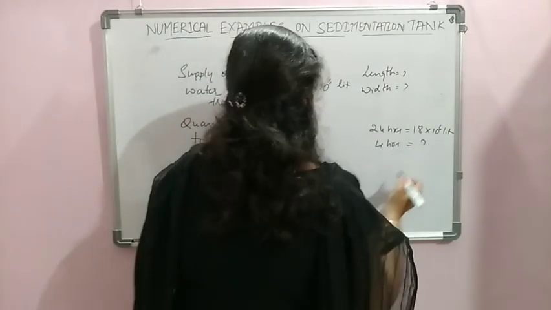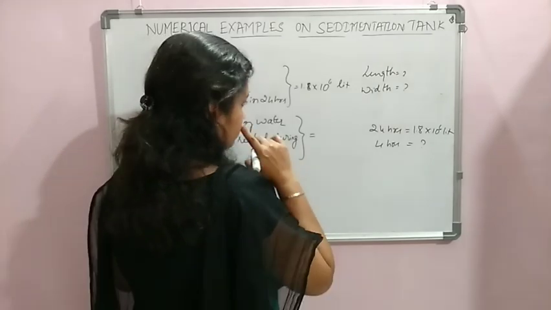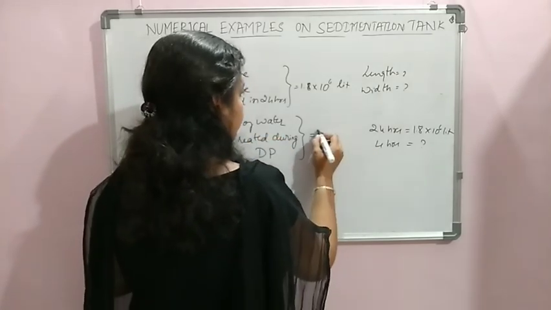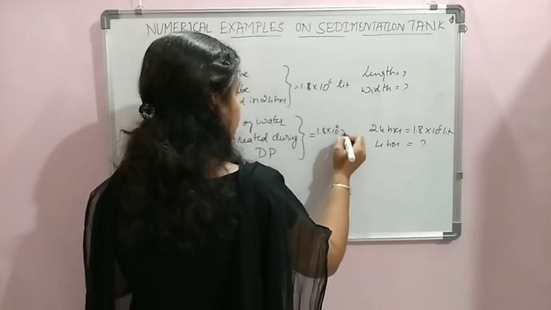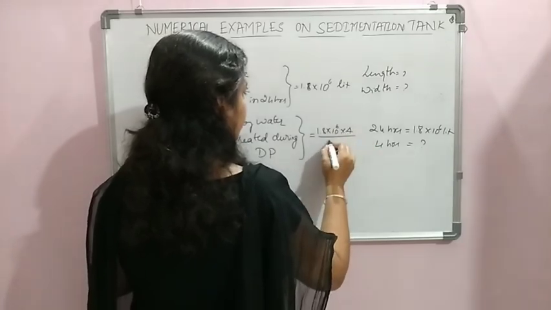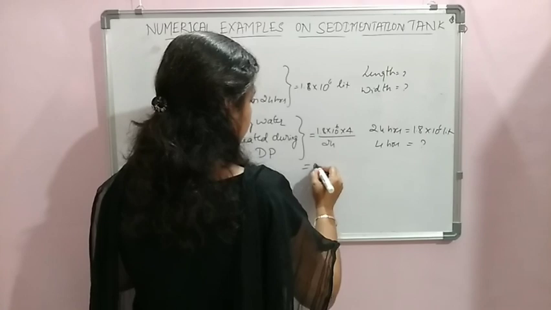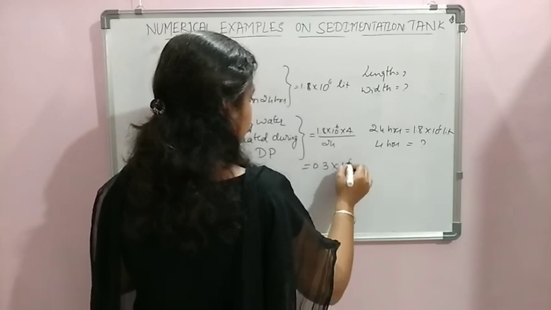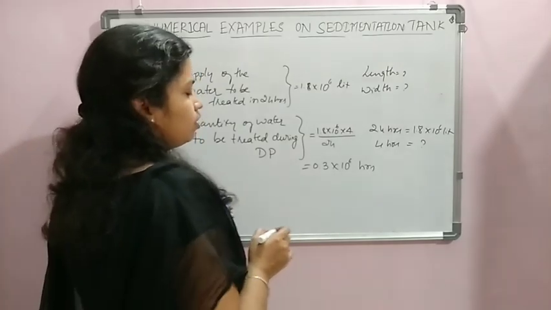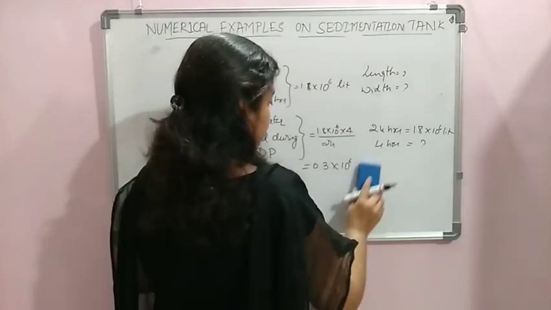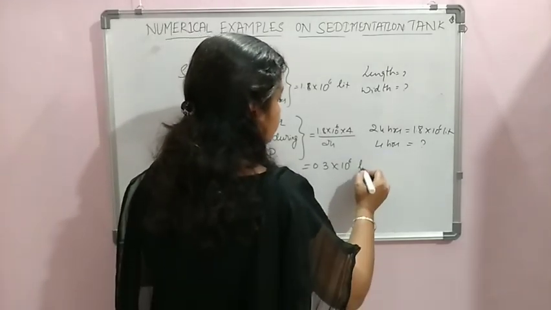In order to find this, just like in the previous case, we are just cross multiplying: 1.8 into 10 raised to 6 liters into 4 hours divided by 24 hours. That is 0.3 into 10 raised to 6 liters.